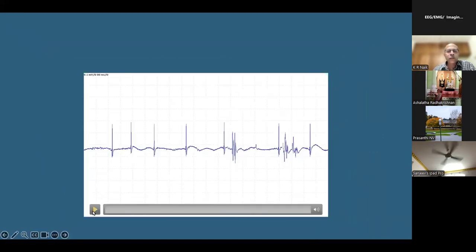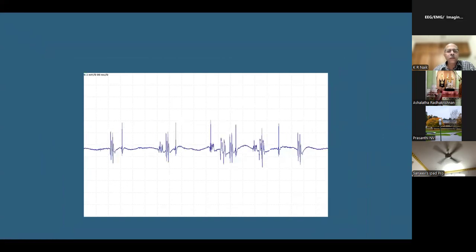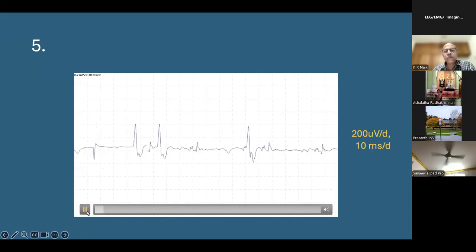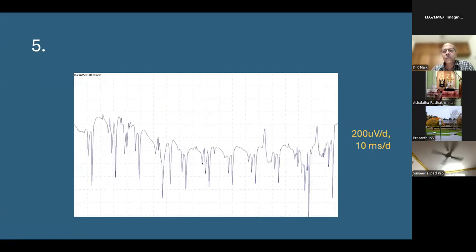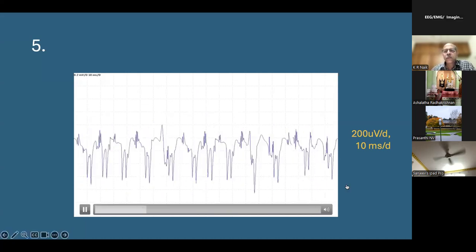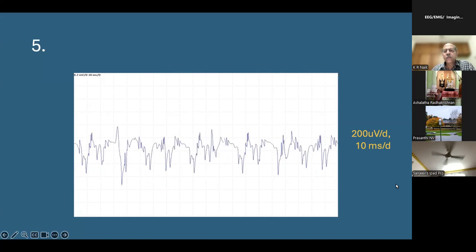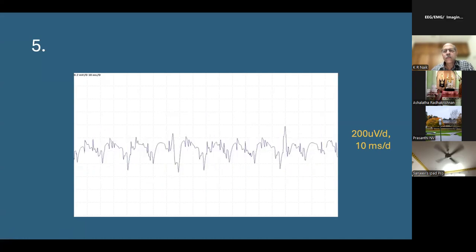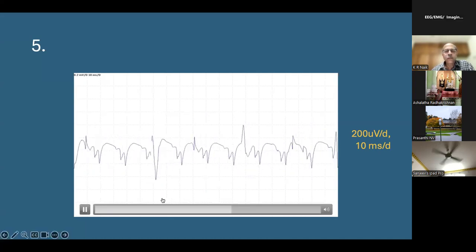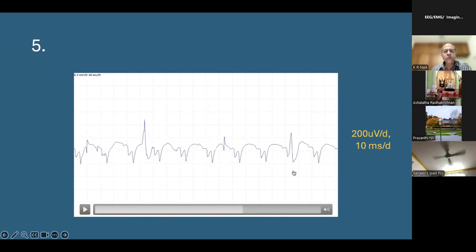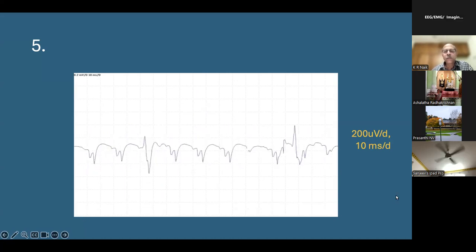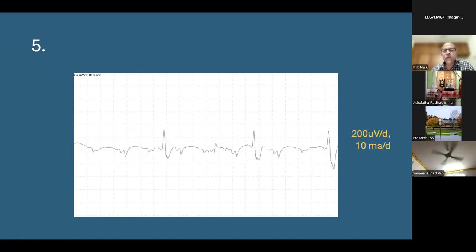Okay, we'll go to the same thing in a different color. Number 5. This is 10 milliseconds per division, 200 milliseconds. To identify the abnormality.